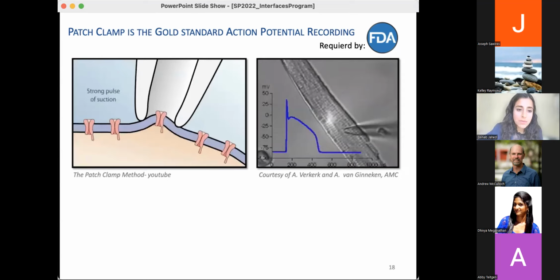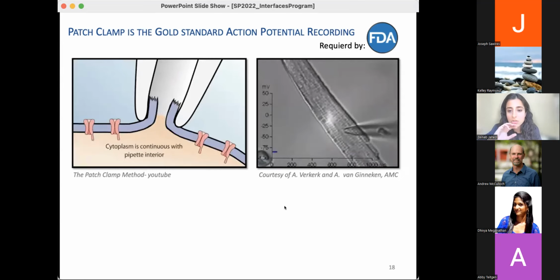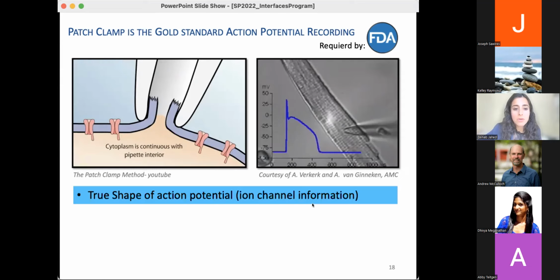And the true shape of this action potential is important because it has a lot of information about the ion channels opening and closing. And still, by the FDA, this is the only technique that is accepted for early drug development to see how drugs are affecting the shape of this action potential. However, there are obvious disadvantages of this technique.